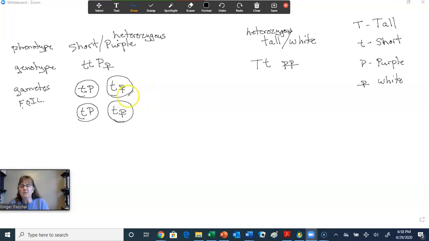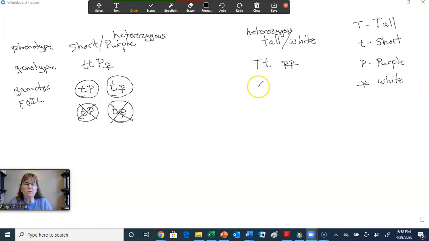But you can see in this situation, we have these two that are exactly the same, so we can ignore the second one. We have these two that are exactly the same, so we can ignore the second one. So we can see that this individual only produces two types of gametes.